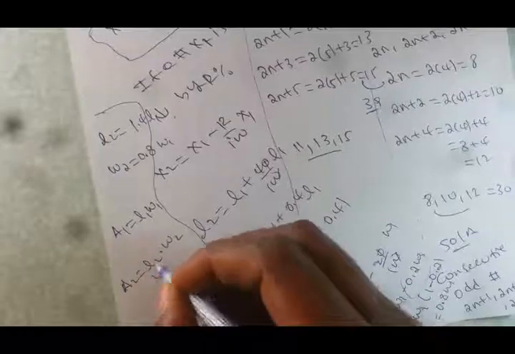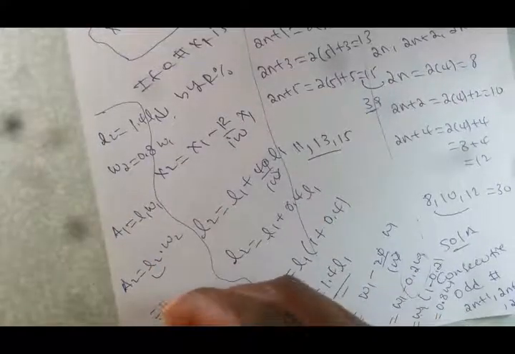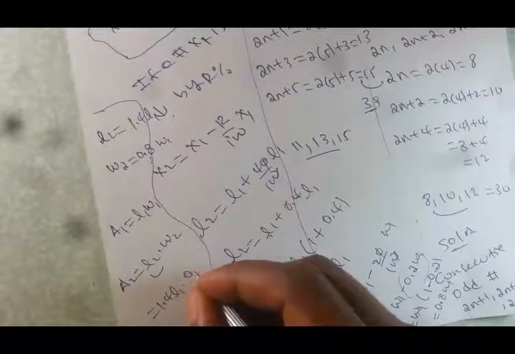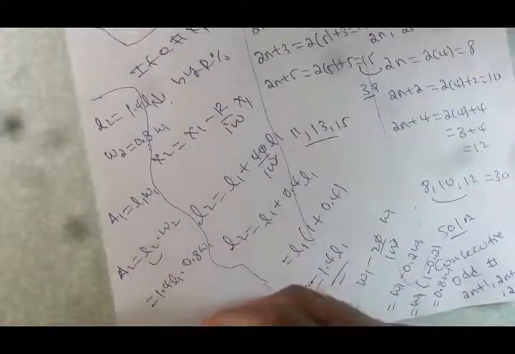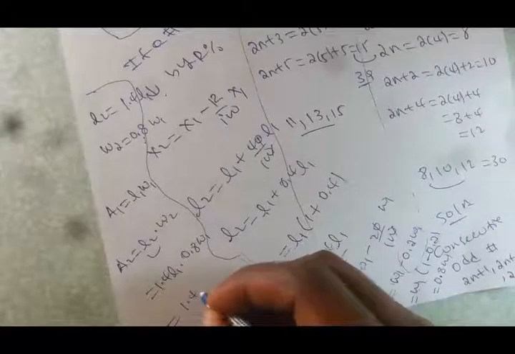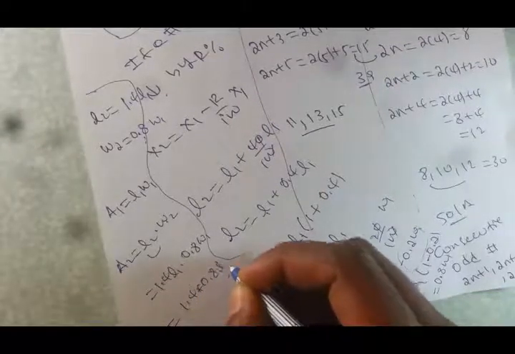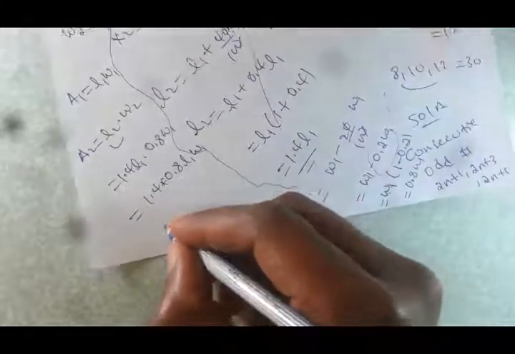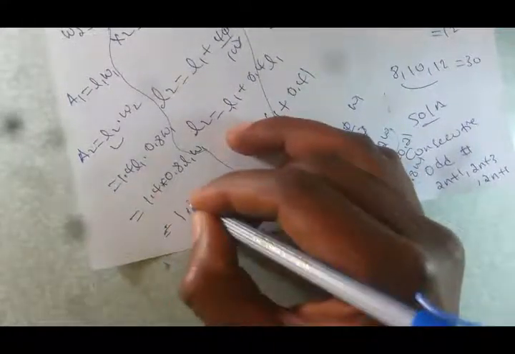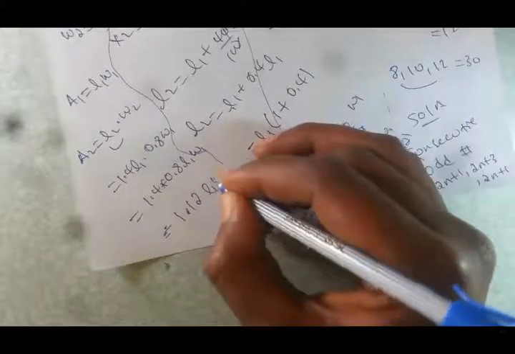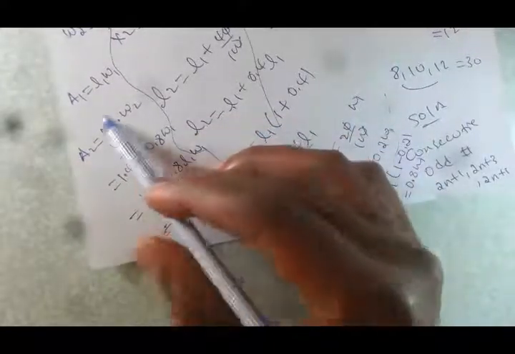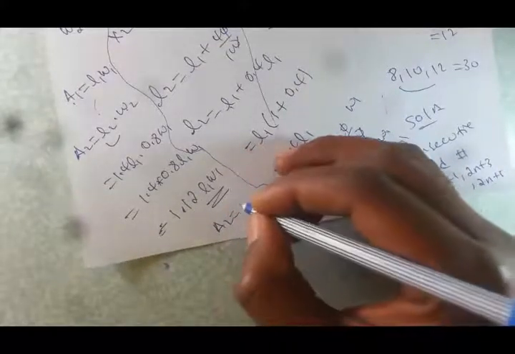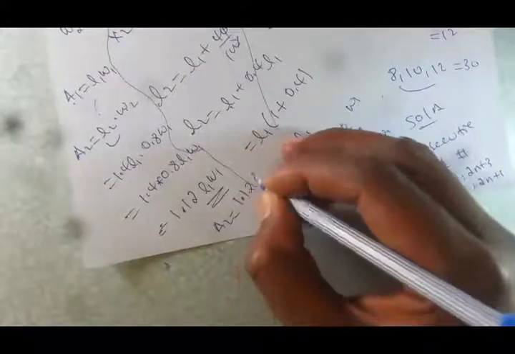So inserting L2 as 1.4 L1 times W2, which is already found, 0.8 W1, this is equal to 1.4 times 0.8 L1 W1. Therefore this is equal to 1.12 L1 times W1. We know that L1 times W1 is equal to A1. Therefore A2 is equal to 1.12 A1.